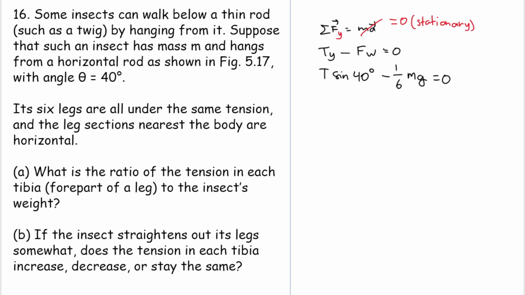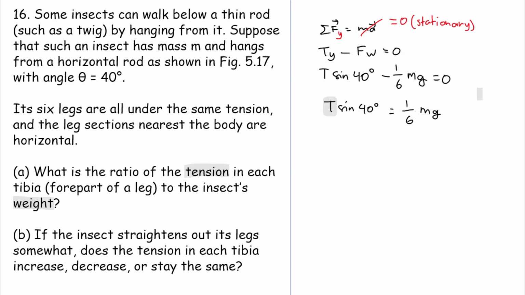Okay, now let's do some math here. So we will have T multiplied by sine 40 degrees, and that will equal 1/6 multiplied by mg. Good. But we are asked to find the ratio of the tension to the weight of the insect.